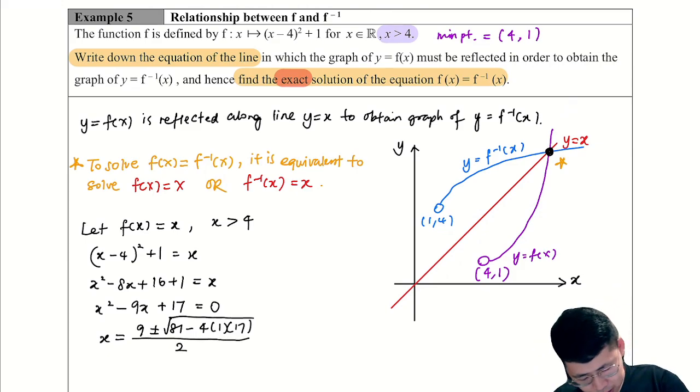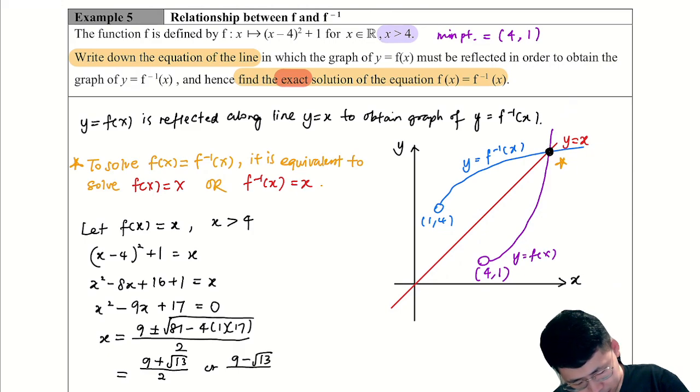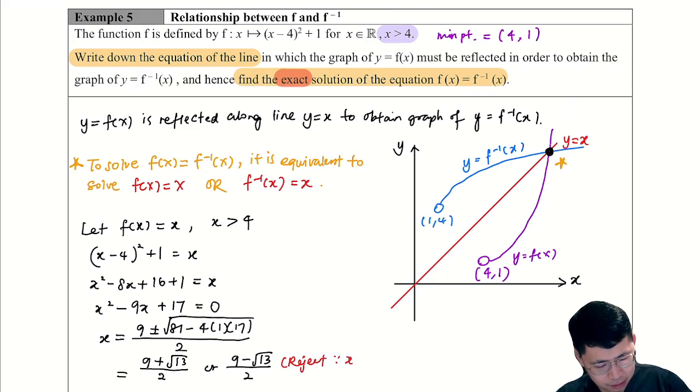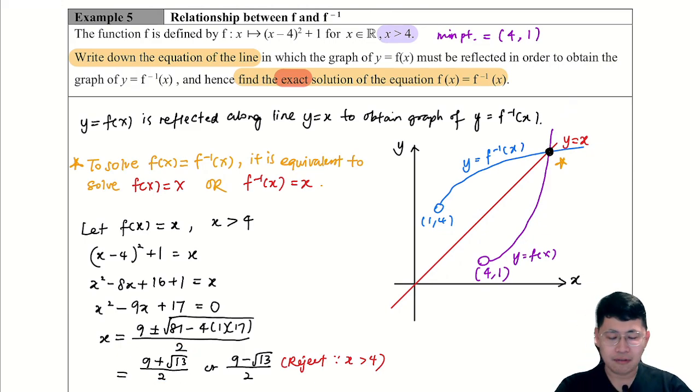Okay, so to simplify a bit, this would be 9 plus root 13 over 2, or 9 minus root 13 over 2. Now you can check the calculator to see the value over here, but we are going to reject this minus version because x must be greater than 4. And indeed, this one over here, the x is greater than 4.